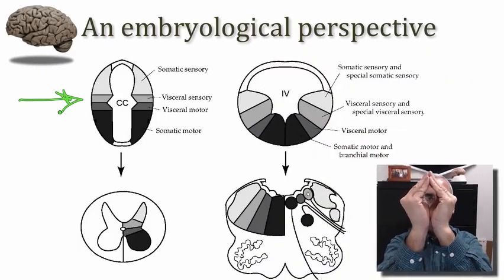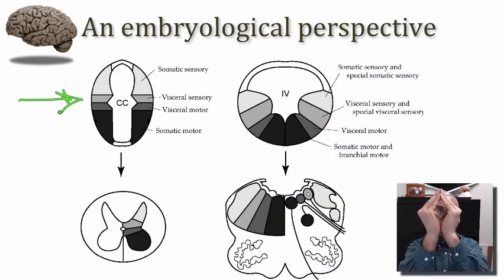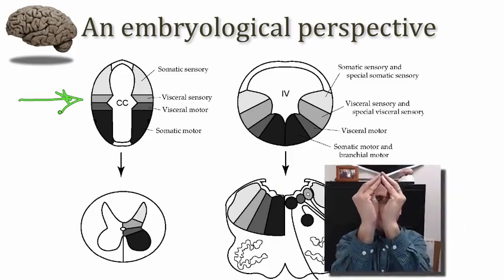All right, now let's take this conceptualization up into the brainstem. What happens in the brainstem is that the ventricular system expands. In the spinal cord we have a central canal, a central space for the flow of cerebrospinal fluid. But in the brainstem we have a large fourth ventricle. So essentially this space expands in the following way.